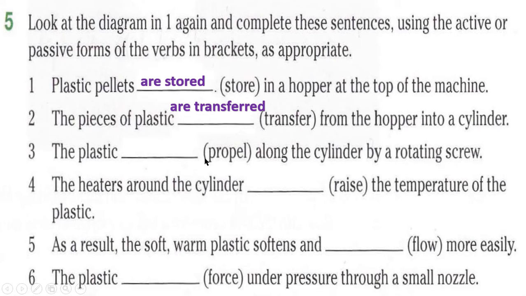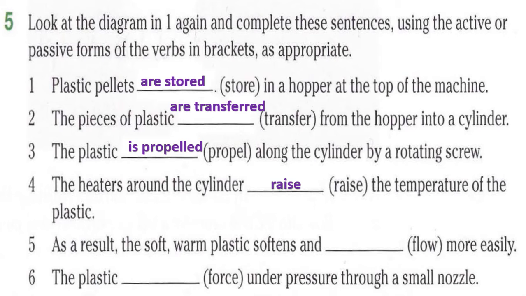Good. Let's move to the third sentence. The plastic propel along the cylinder by a rotating screw. Good, is propelled. Number 4. The heaters around the cylinder raise the temperature of the plastic. We will use passive or active here. Good. Here we will use the active.